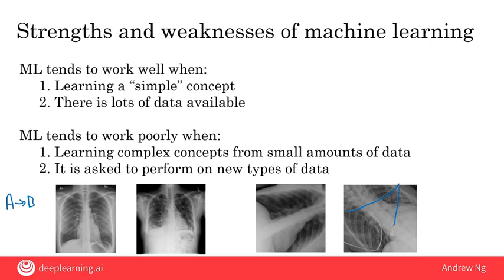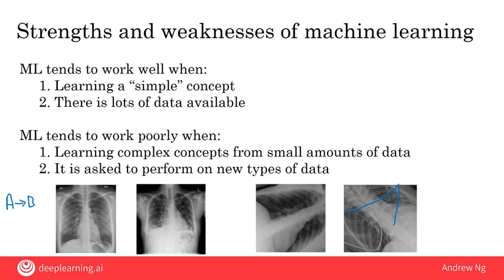If the AI system has learned from data like that on your left, maybe taken from a high quality medical center, and you take this AI system and apply it to a different medical center that generates images like those on the right, then its performance will be quite poor as well. A good AI team will be able to ameliorate or to reduce some of these problems, but doing this is not that easy.